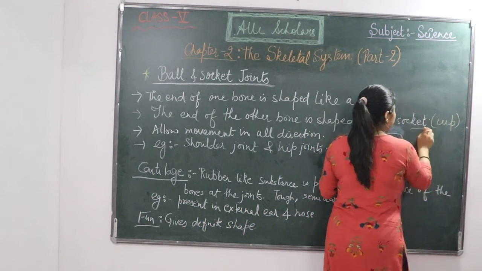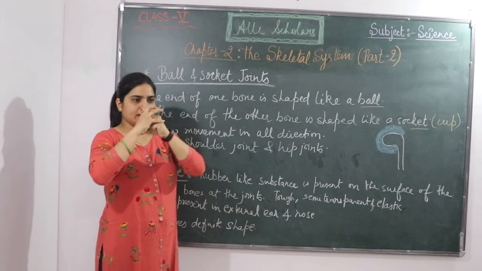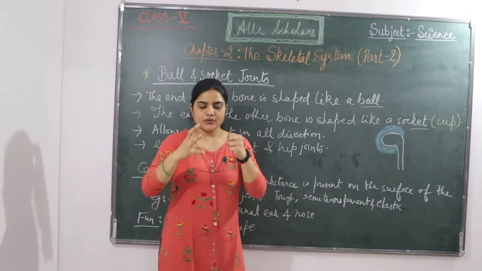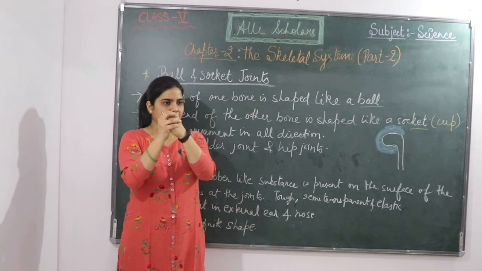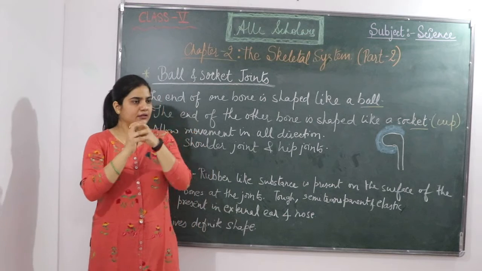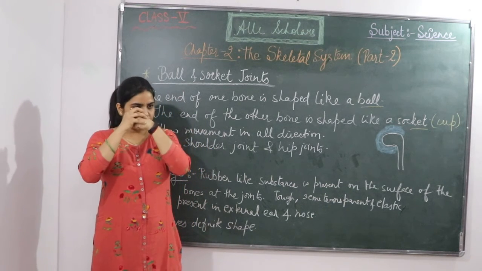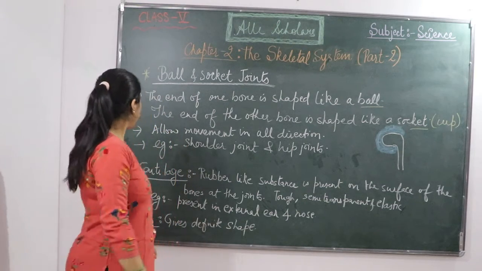So one bone is like a ball and the other bone is like a socket. The ball goes into the socket and fits very well.